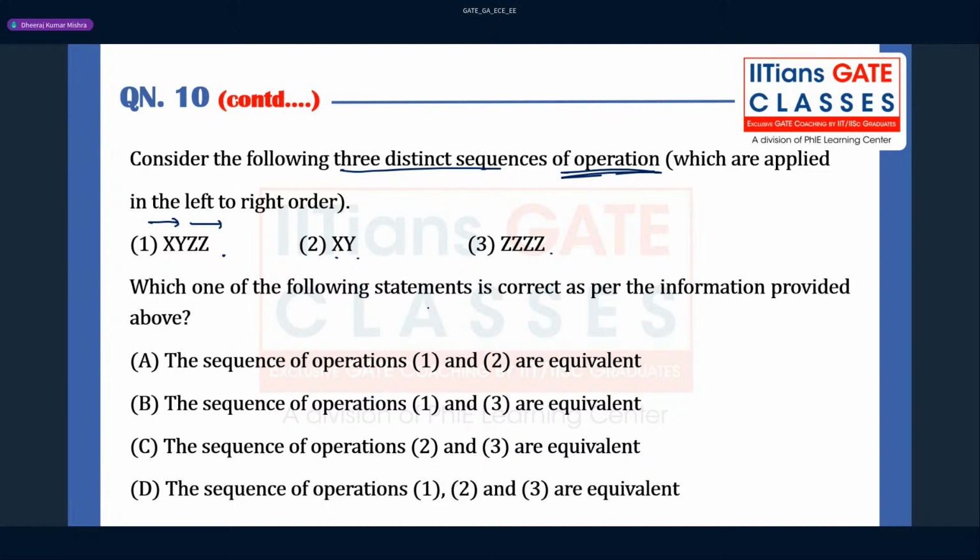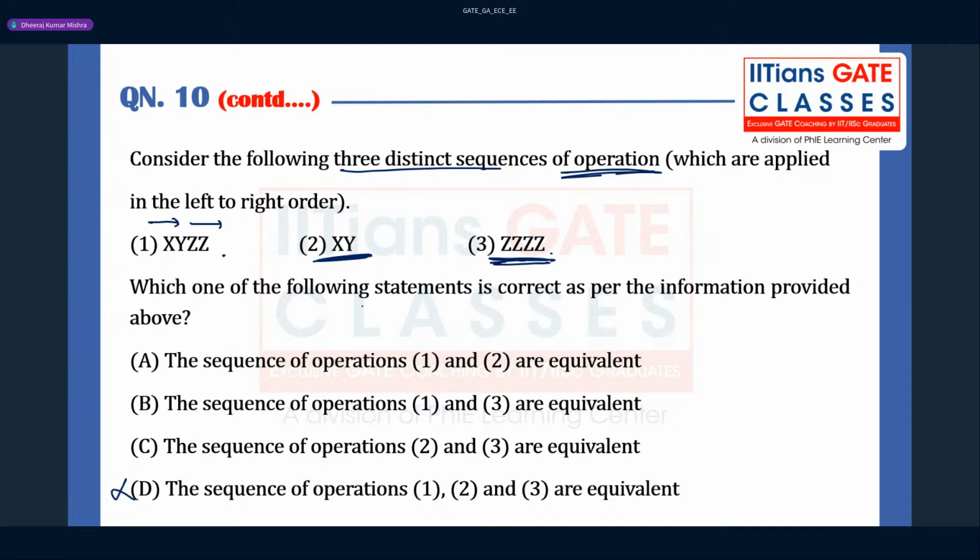So which of the following statements is correct as per the information given, right? They are asking which of these sequences of operations are equivalent. So these three operations cannot all be equivalent, that is very sure. Keep that in mind. And here only two operations are there, and here four operations are there.